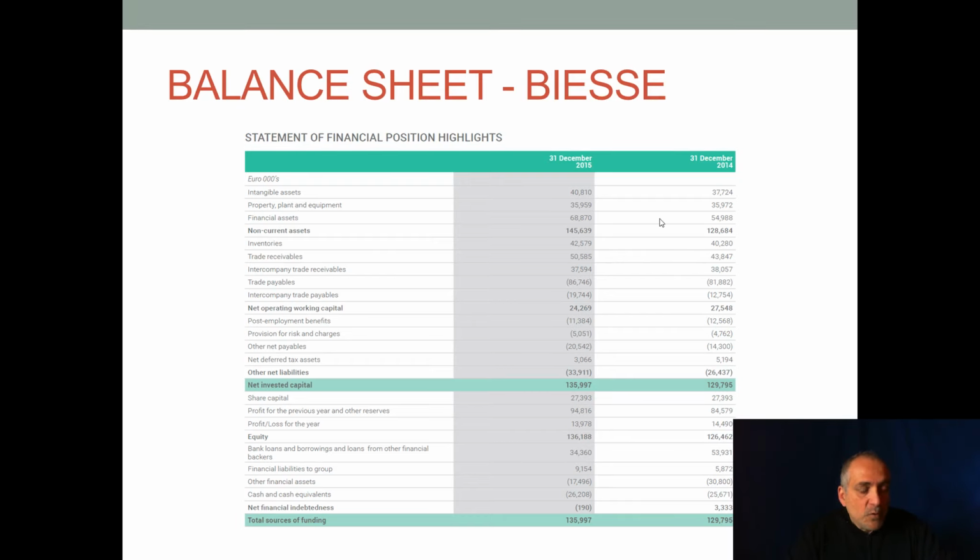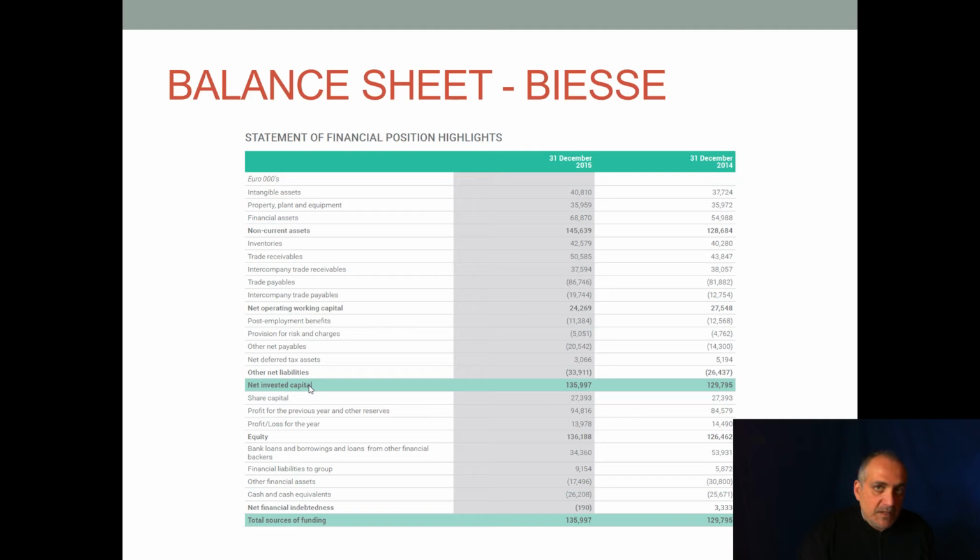Again, you can have a look at how things have moved. Notice that total of fixed assets is called non-current assets, okay? We have a net working capital and then net investment capital, the total investments of the company, the total assets of a company, so that you can compare them.